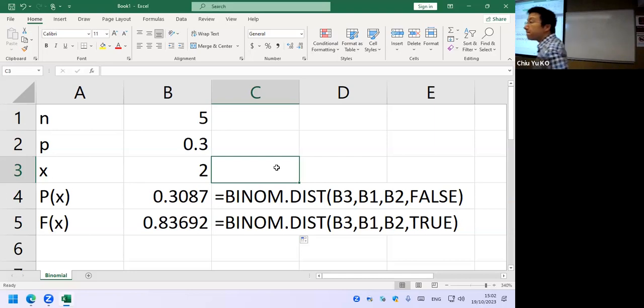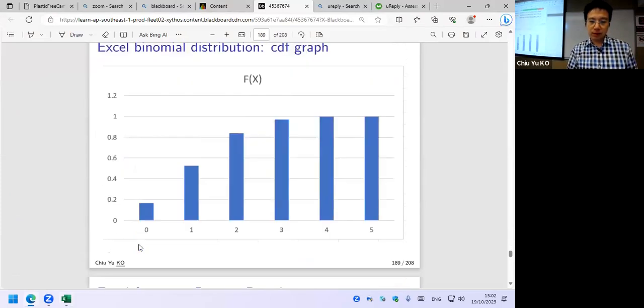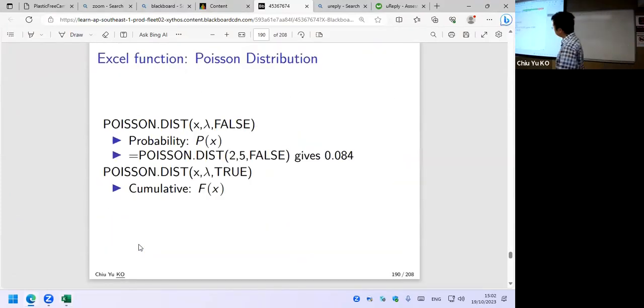Is that okay? Now let me do the Poisson with the same idea. Poisson is again just the Poisson, right? You put X and lambda. The question is asking, remember the example, there are 5 customers arriving in an hour, asking for exactly 2 to arrive.